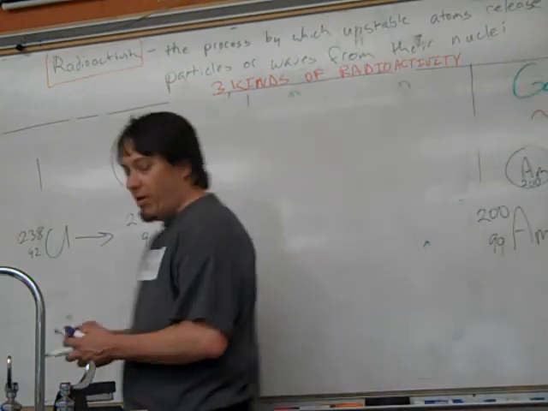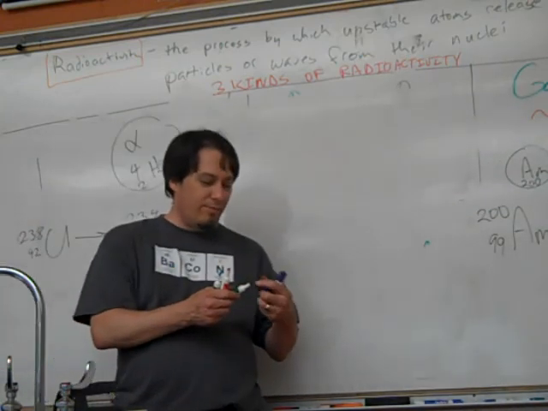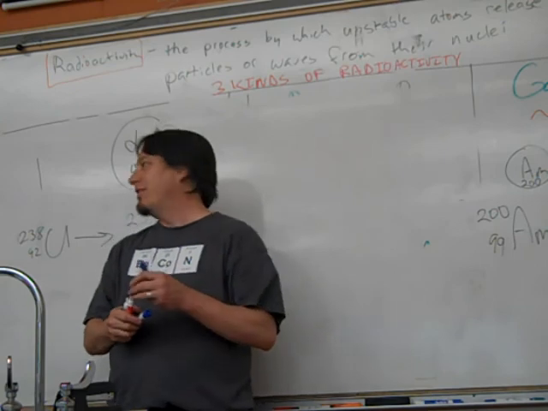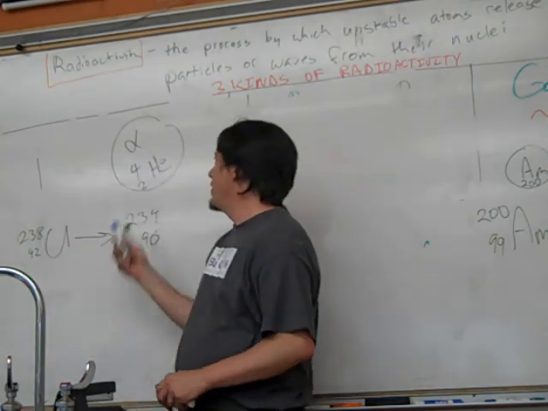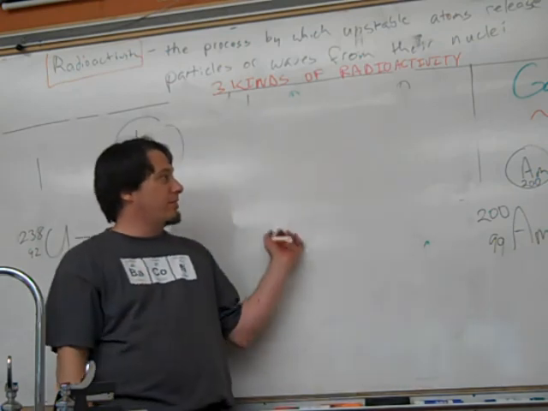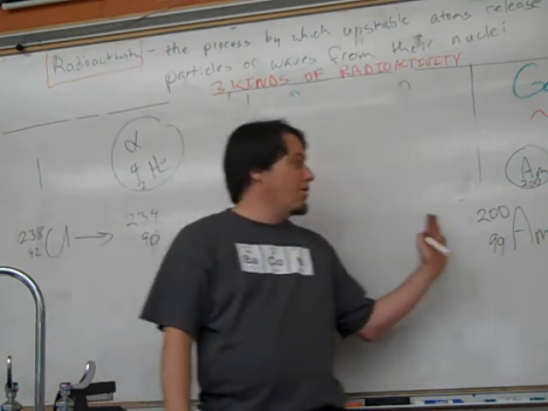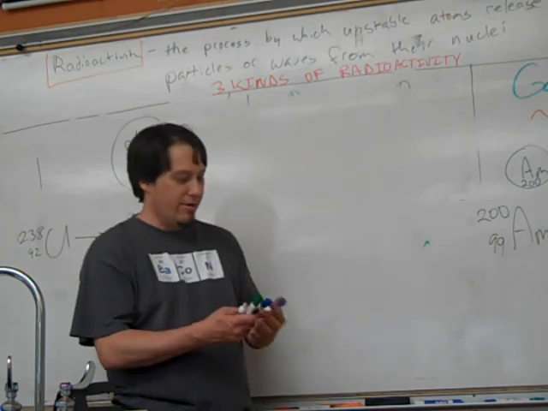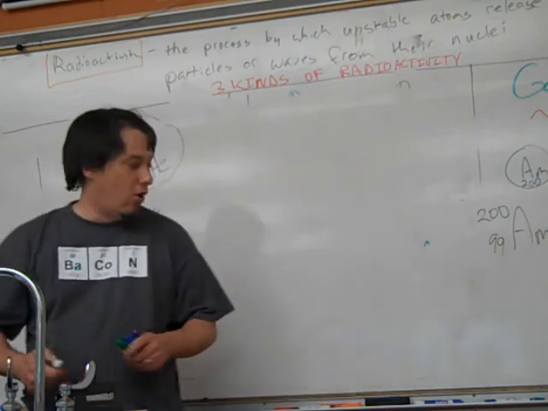So that's it. So that's gamma. Gamma is very simple. When you see this on a test, it's either going to lose 4, which makes it alpha, it's going to gain 1 proton, which makes it beta, or nothing's going to change, which makes it gamma. It's not so bad as all that.